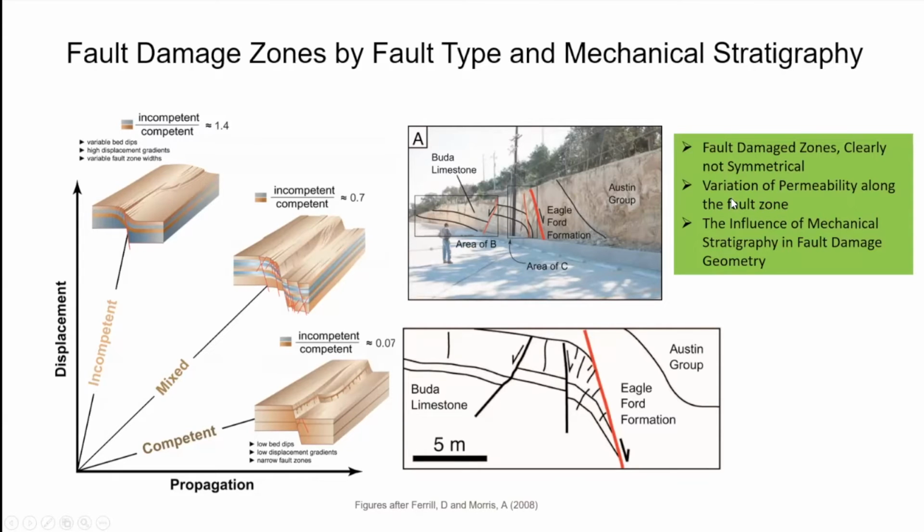Mechanical stratigraphy and the sequence of rocks can dictate how that fault halo is distributed for this particular example. And of course, there is variability in permeability. So think about a well in a particular area where there is not much displacement.